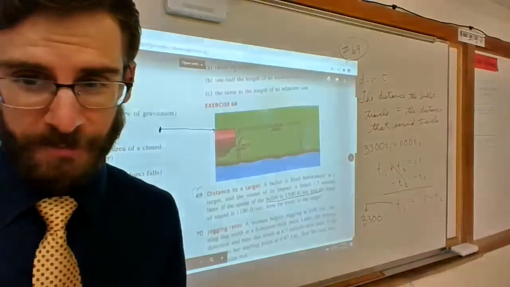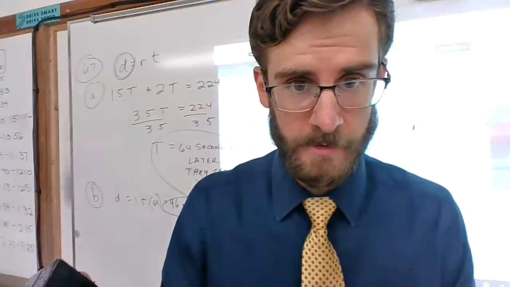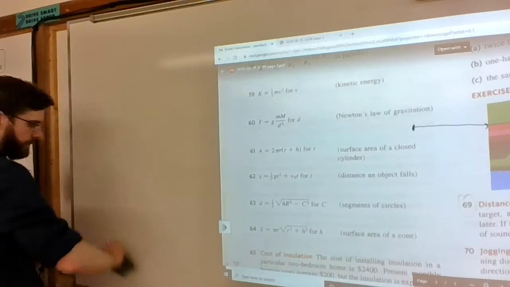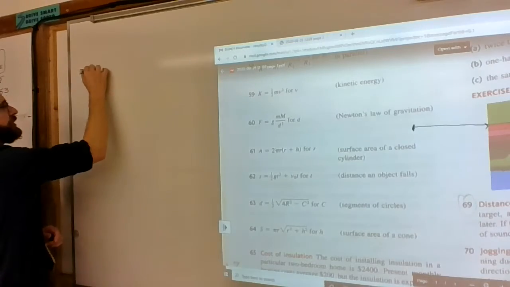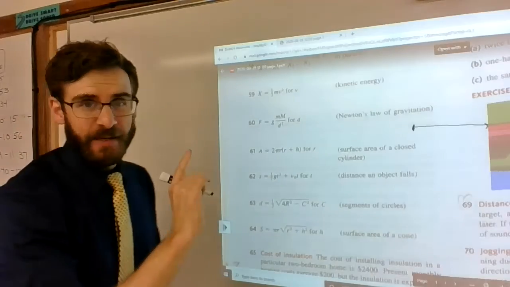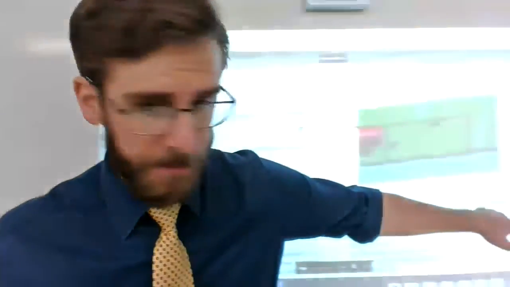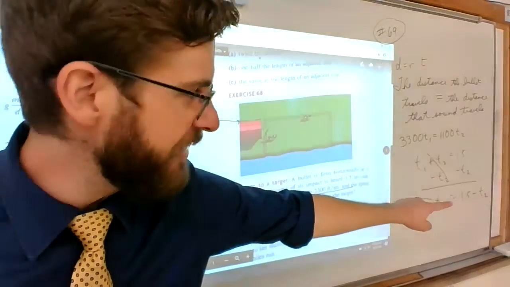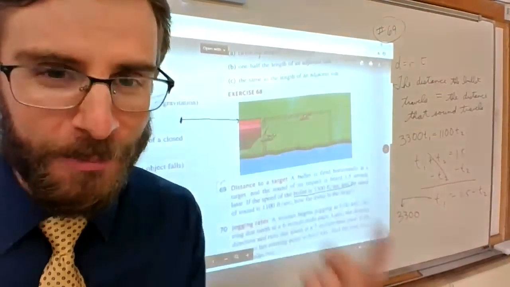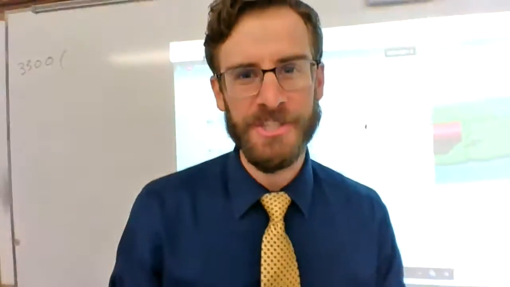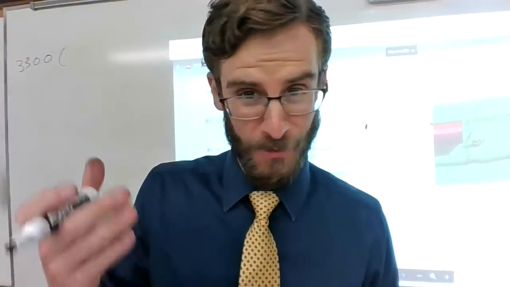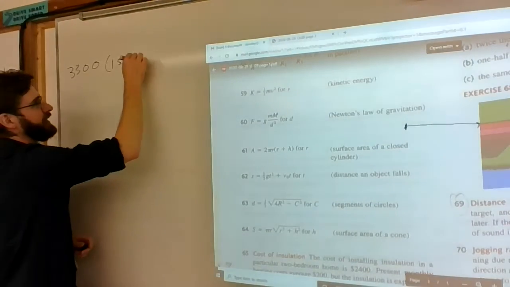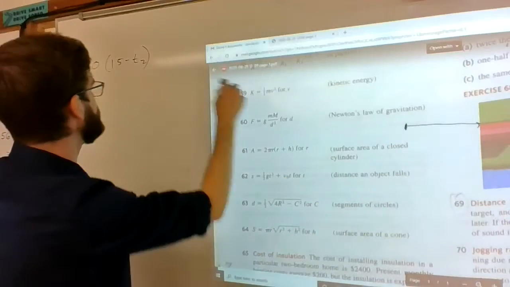I'm going to use the other side of the board because this is not working out over here. So we have 3,300 times, instead of T1, 1.5 minus T2. My apologies. I know it's painful watching videos where the speaker can't speak right. 1.5 minus T2 equals 1,100 T2.